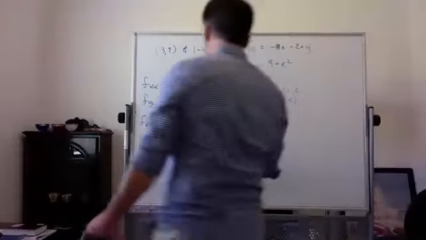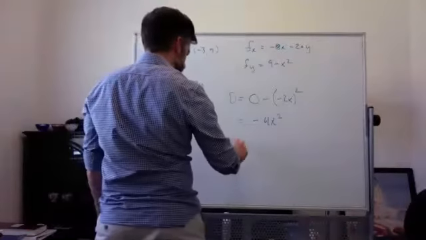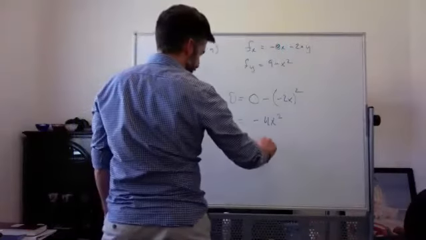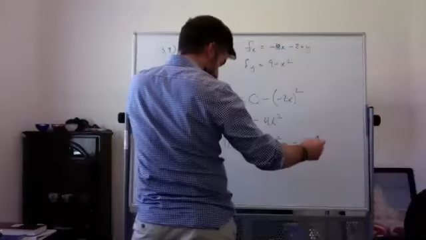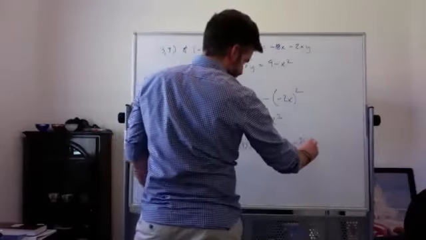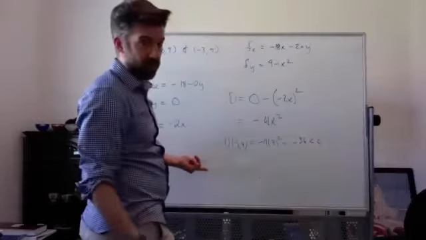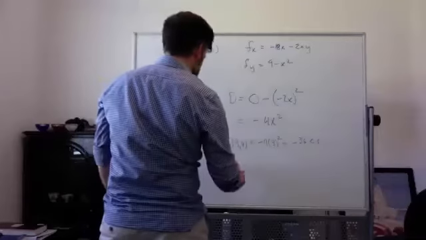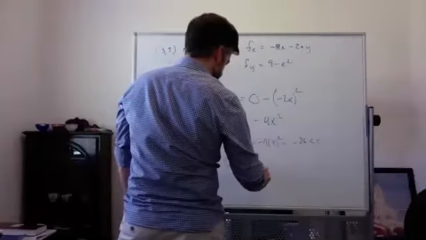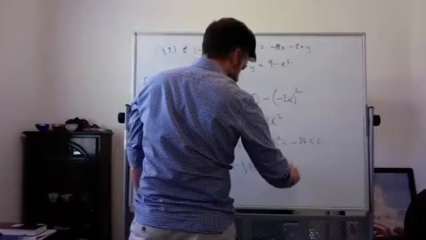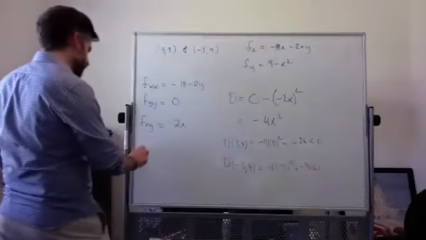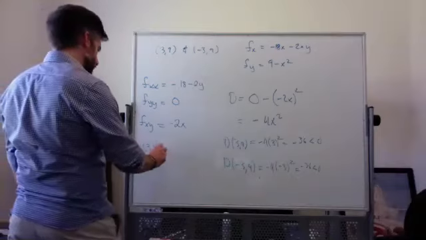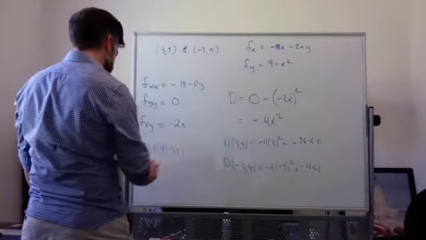So when I plug in, D of (3, 9), I'm going to get negative 4 times 3 squared, which is going to be negative something. I don't even care what it is, negative. That means I have a saddle there. Similarly, if I plug in (negative 3, 9), you're still going to get it being negative. So I still get a saddle. So both (3, 9) and (negative 3, 9) are saddles.